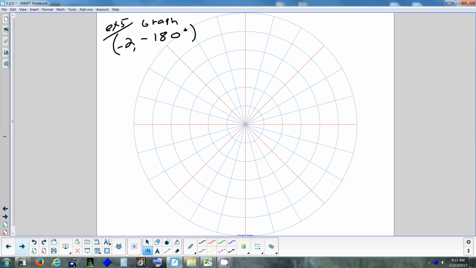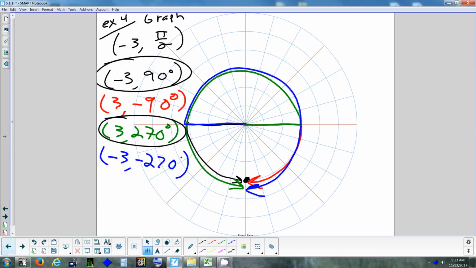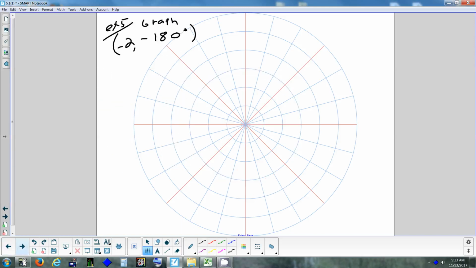Right, so we actually did this in the one we just did. We did a negative, but let's try one more. So Irene, can you tell me how I would graph that one? Go to the left 2. Yep, left 2. So we can start here. All right.